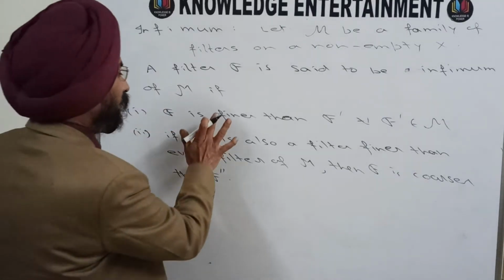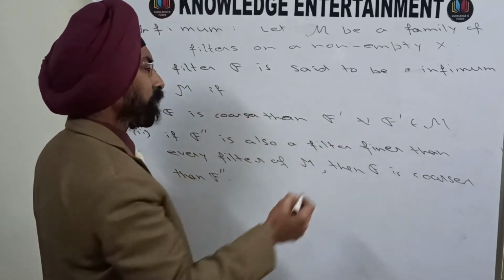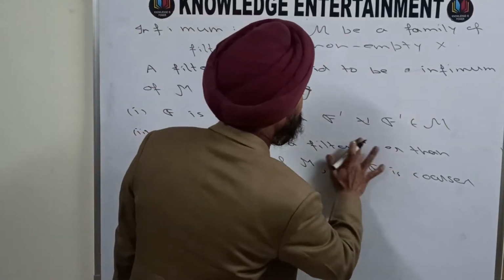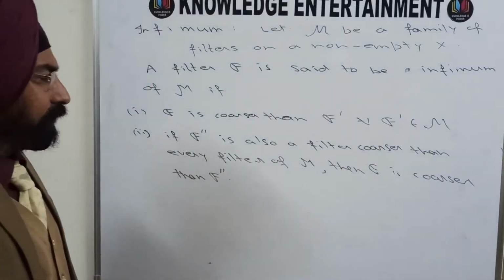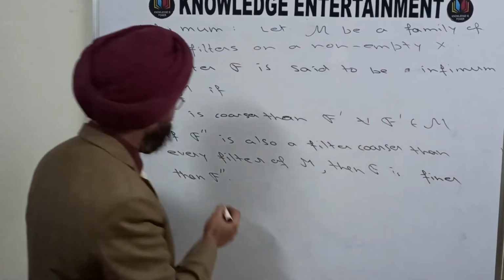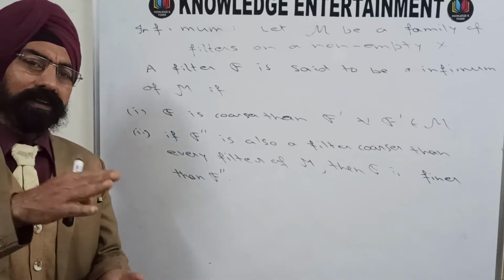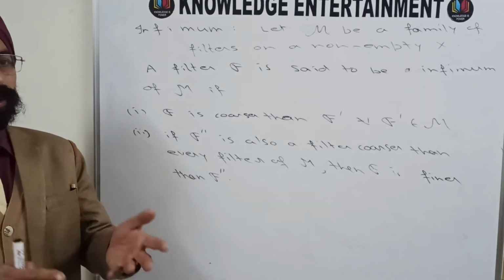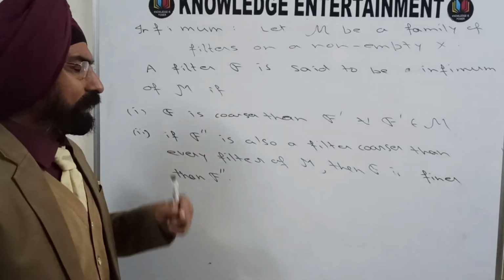So F is coarser than F dash for every F dash belonging to M, and if F double dash is also a filter which is coarser than every filter of M, then F is, reversibly, finer than F double dash. So when we define infimum from supremum, just replace finer by coarser and coarser by finer. You will get the definition of infimum of a family of filters.